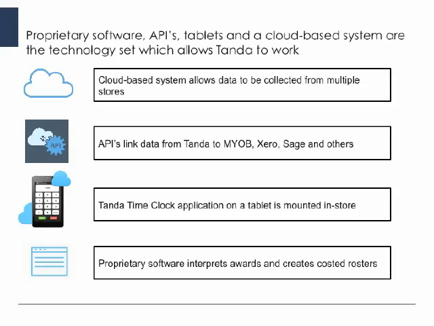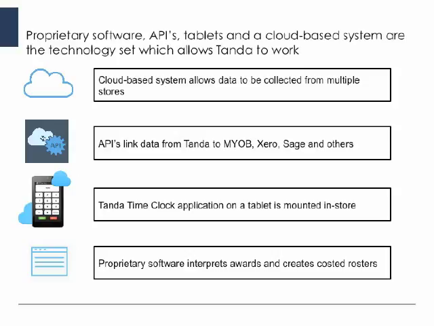The technology set which allows Tanda to work is a combination of proprietary software, APIs, the tablets that are in-store, and a cloud-based system. The cloud-based system allows data to be collected from multiple stores. And a number of Tanda's clients do have multiple stores where they need to collect this data from.